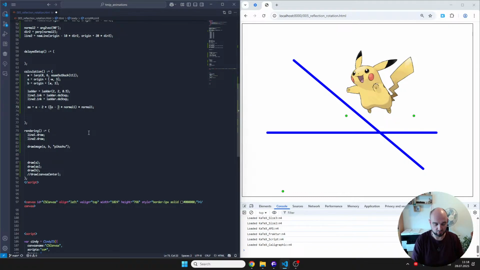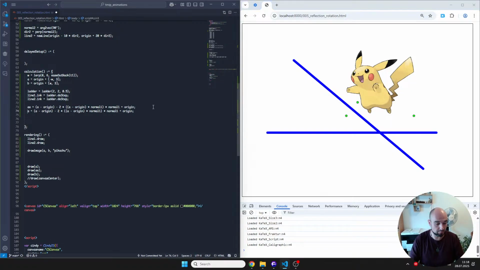No, just the position vector. So minus origin, plus origin. Right, that looks good. Now we can do the same with B.